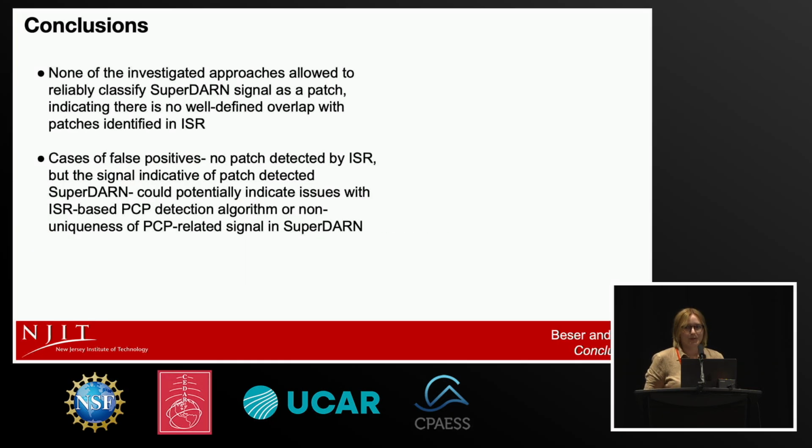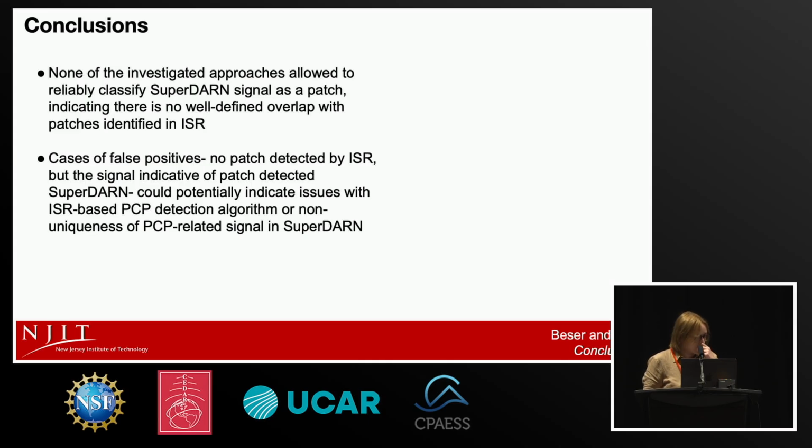So to conclude, none of the investigated approaches allowed to reliably classify SuperDARN signal as a patch, indicating that there is no well-defined overlap with patches identified in ISR based on the operational definition of the polar cap patch.